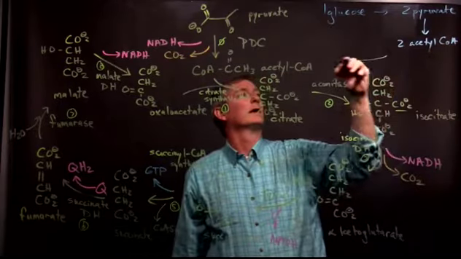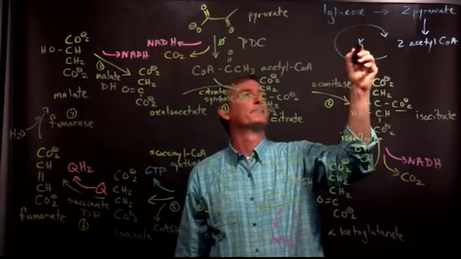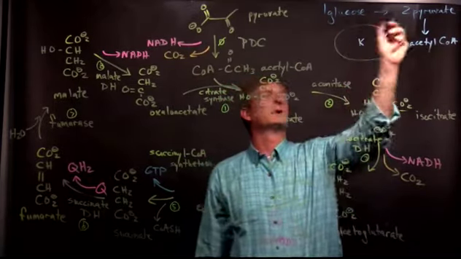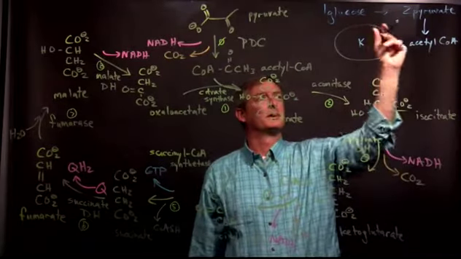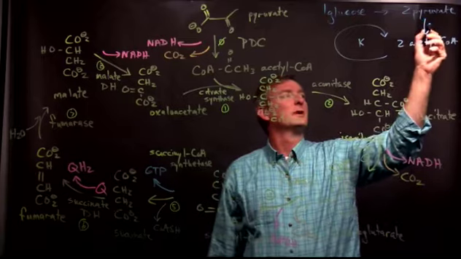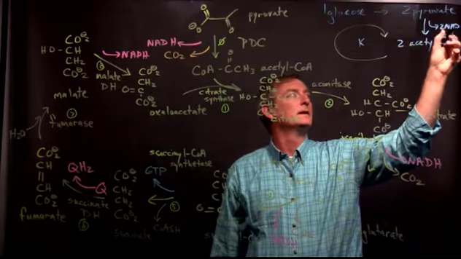Okay, these acetyl-CoA molecules both go through the Krebs cycle. And let's think about accounting here. We know about glucose going to pyruvate, so I'm not going to go over that again. As we move 2 pyruvates to 2 acetyl-CoAs, we generate 2 NADHs.